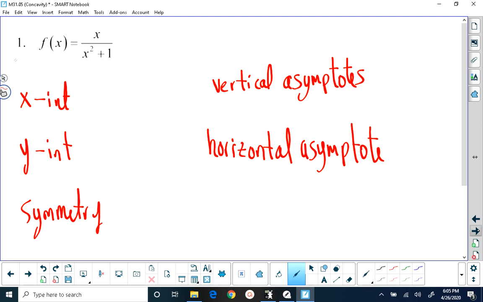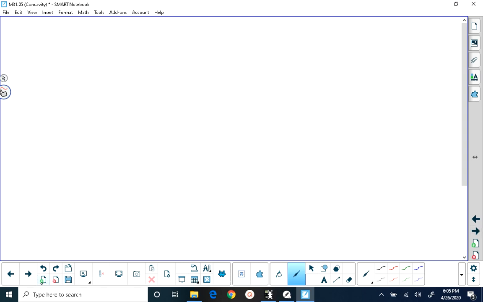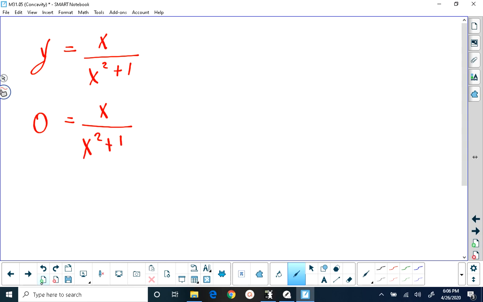So x-intercepts are where y equals 0. And if we investigate this function, this is kind of my rough work over here. I have y equals x over x squared plus 1. If y equals 0, I'm left with this equation that I need to solve.